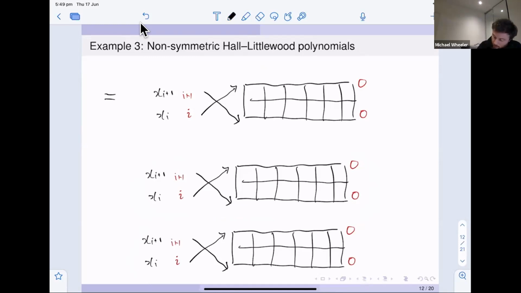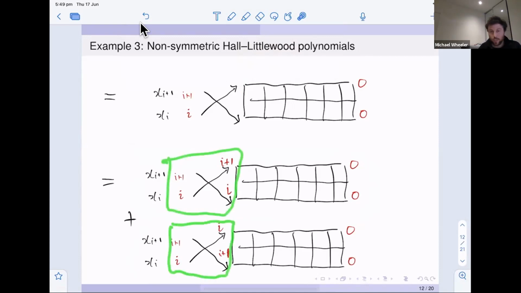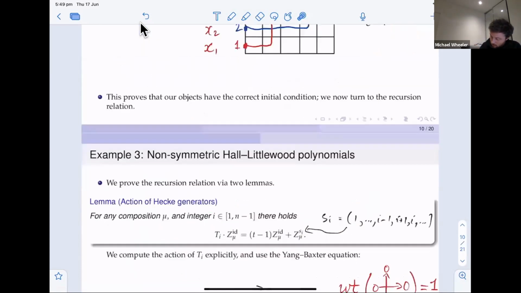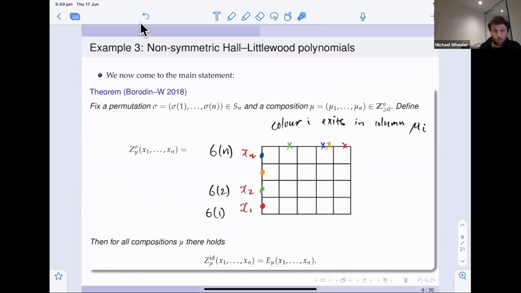In the first case, I have the color i plus 1 coming here, and then color i coming here, and then this is the opposite. Each of those vertices, so this one here and this vertex here, you can work out the weights explicitly. The weights are given by that table that I gave before. So this table.